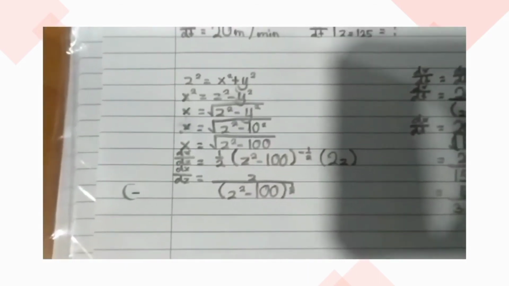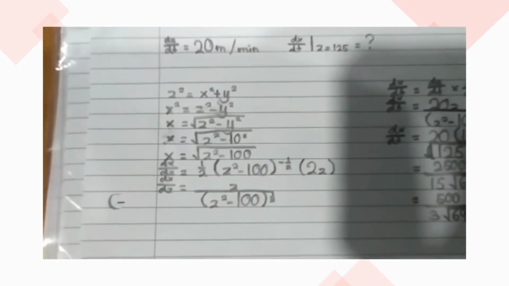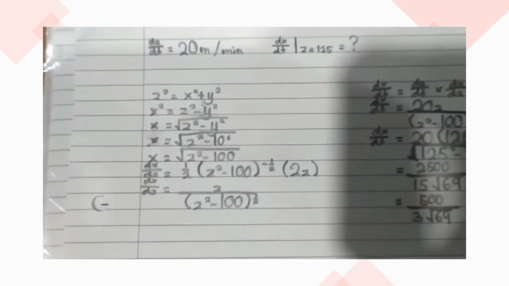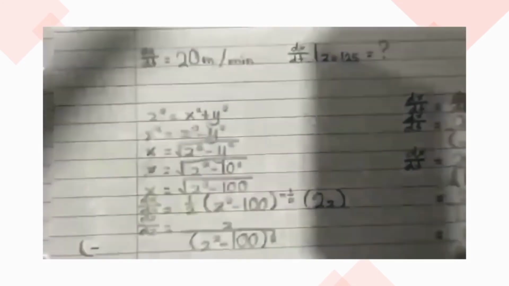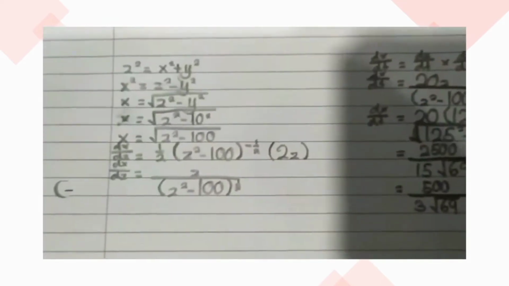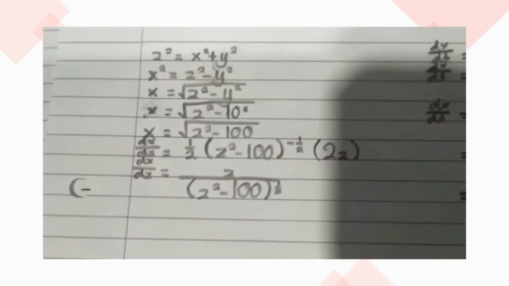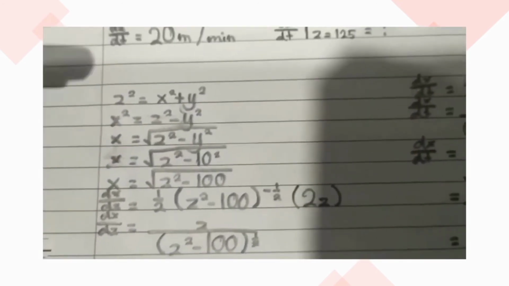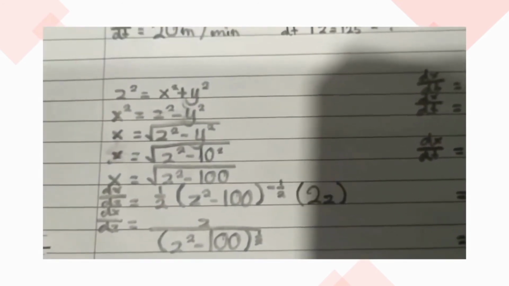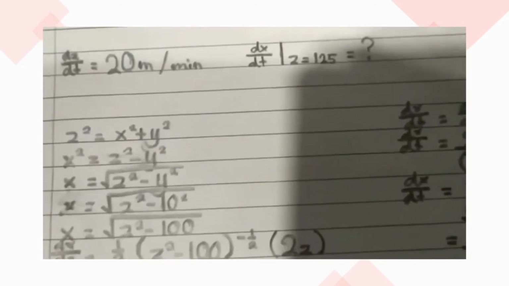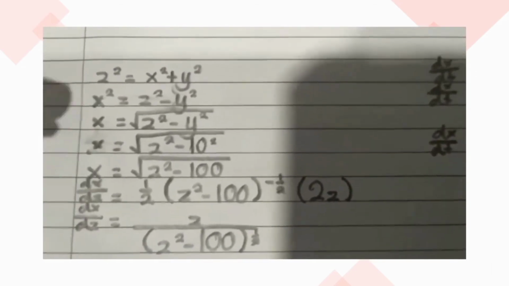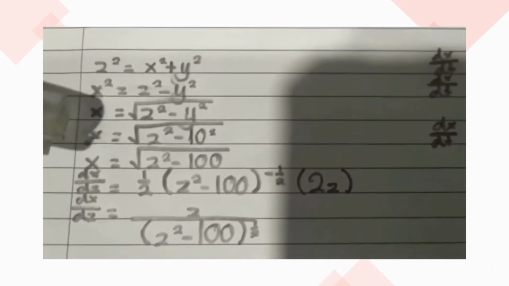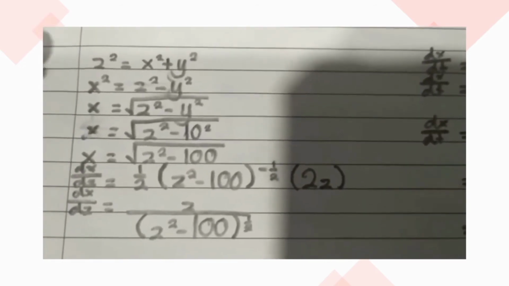If we want to get ds dt, first of all, we must make sure that s is our main subject. So we transfer the unknown and make sure s is the main. Since we know that, we get s equals the square root of z squared minus y squared.